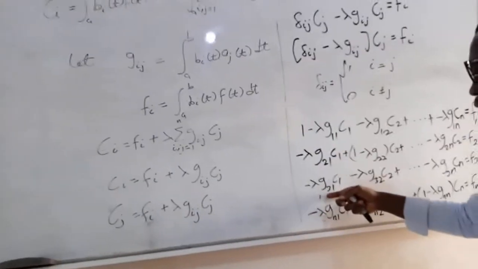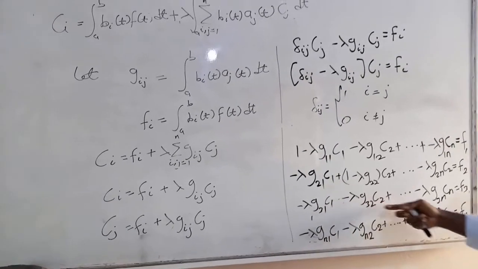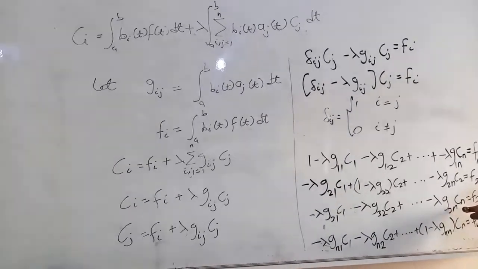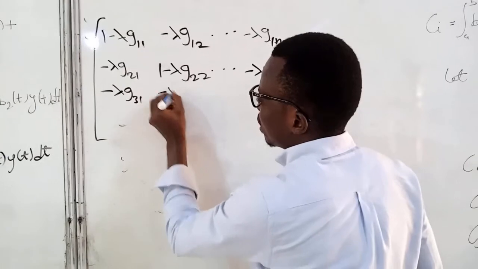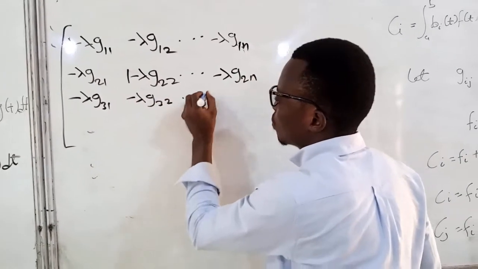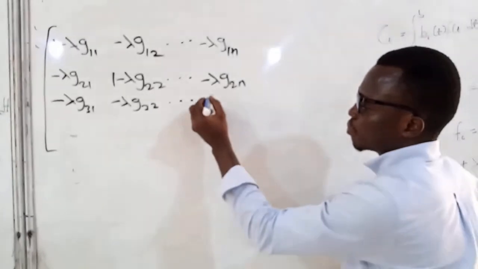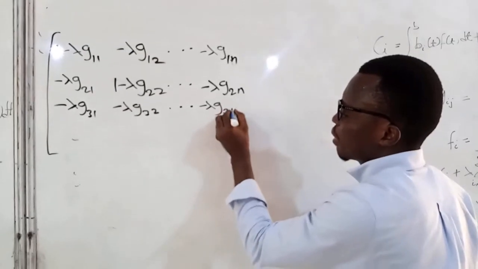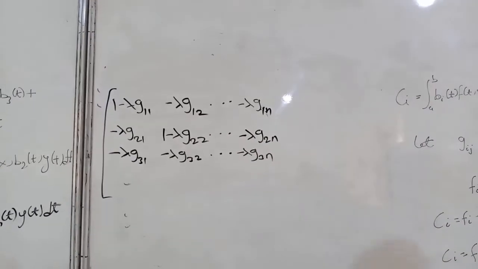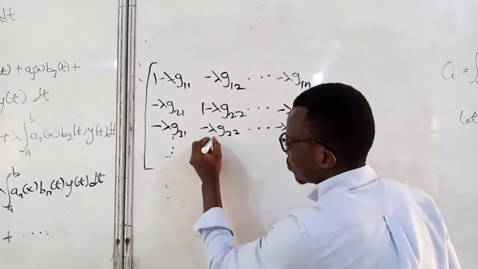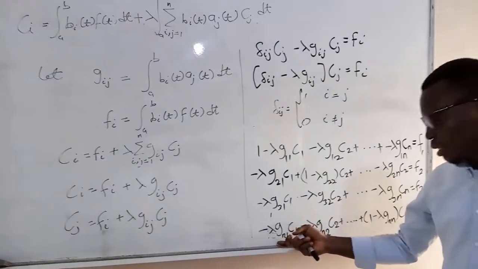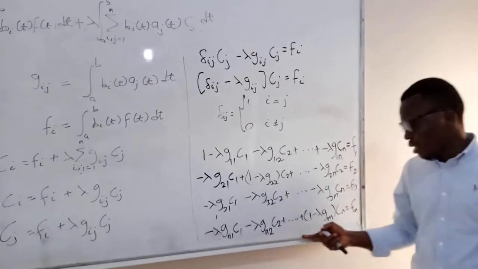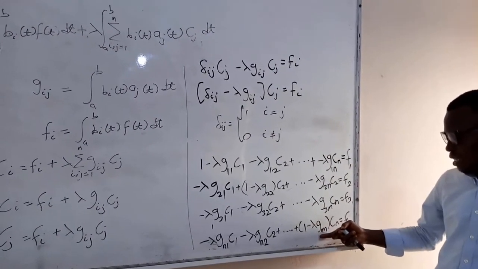On our third row, we're going to have minus lambda j31, minus lambda j32, up to minus lambda j3n. And we do this until we get to our last term, the nth term. You're going to see minus lambda jn1, minus lambda jn2, and here becomes 1 minus lambda jnn.